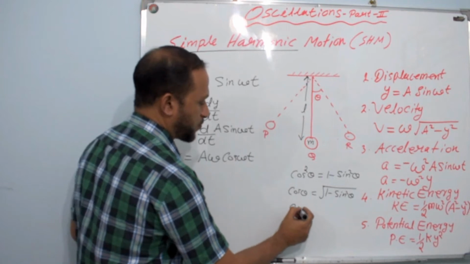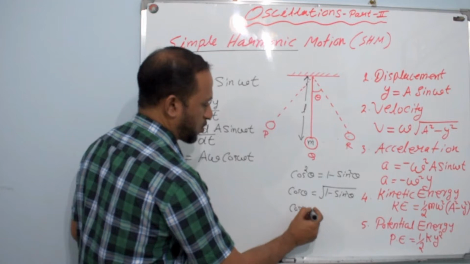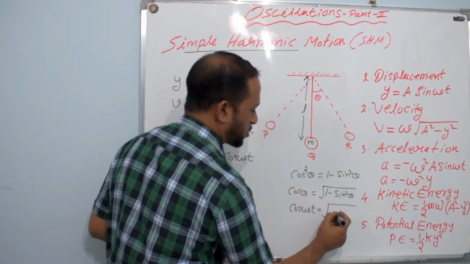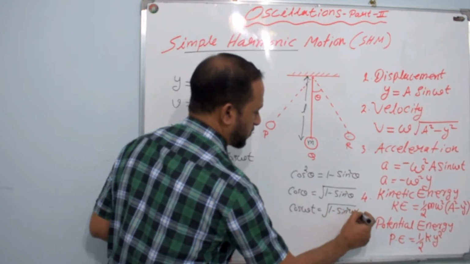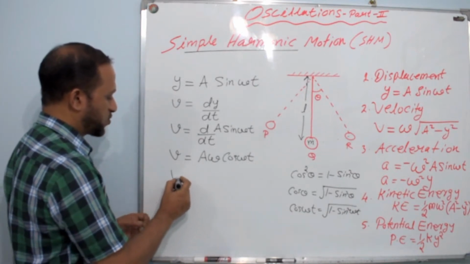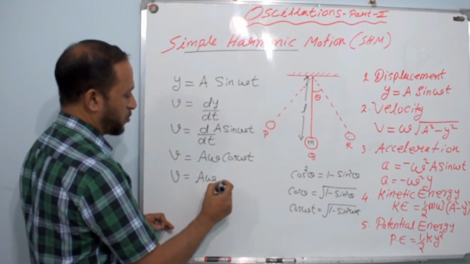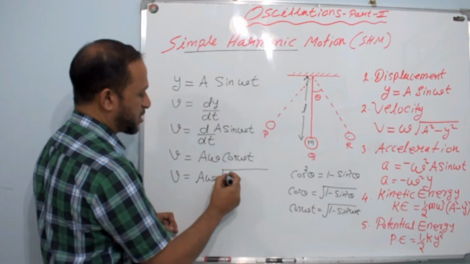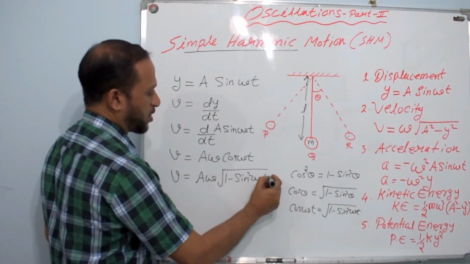So we can write cos omega t equal to under root 1 minus sine square omega t. If you substitute that value here, we get the equation of velocity v equal to a omega into square root of 1 minus sine square omega t.